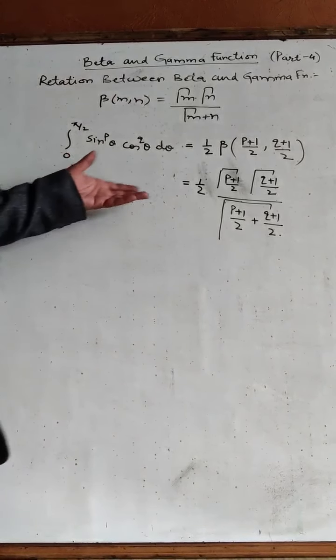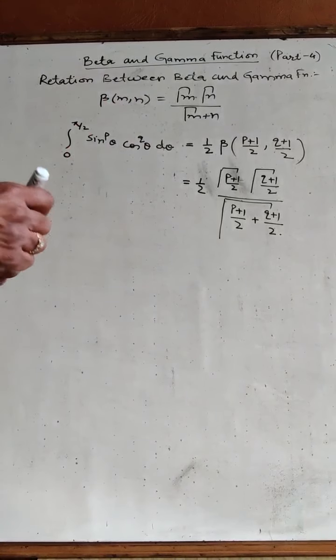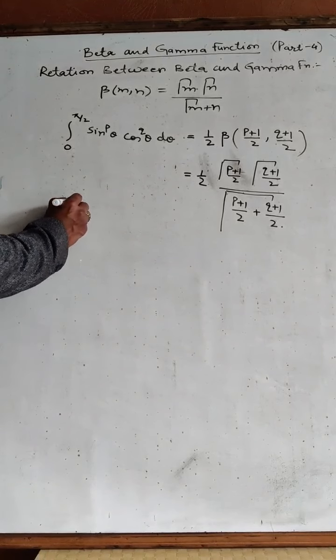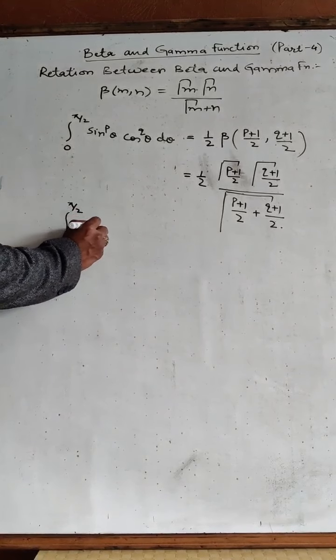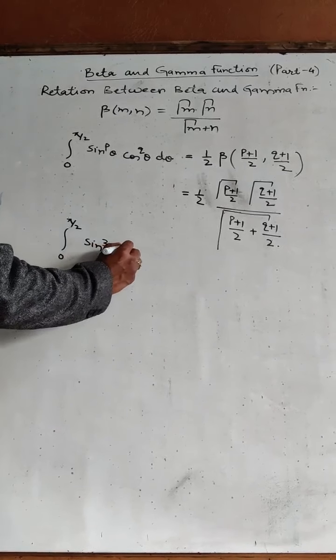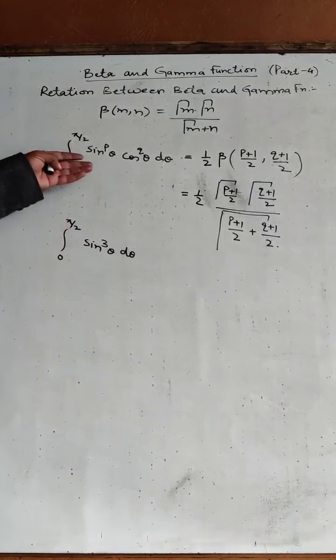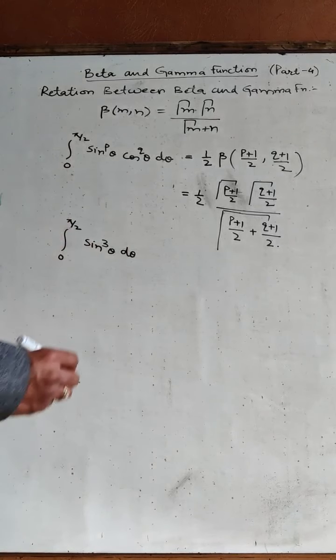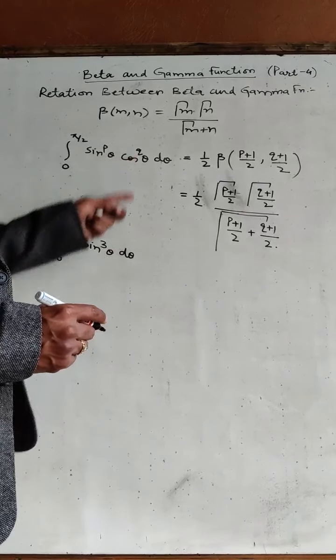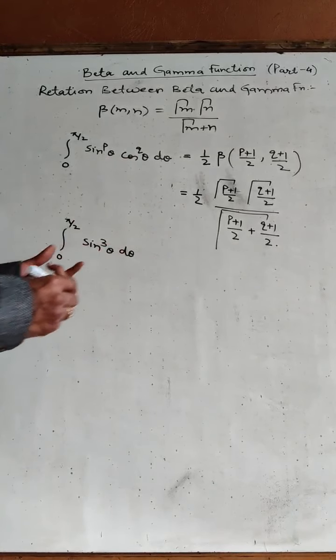So we can solve so many integrations like this. Suppose we are provided with this integral sine raised to the power 3 theta d theta. If we compare the two integrals, here p would be equal to 3 and q is equal to 0.